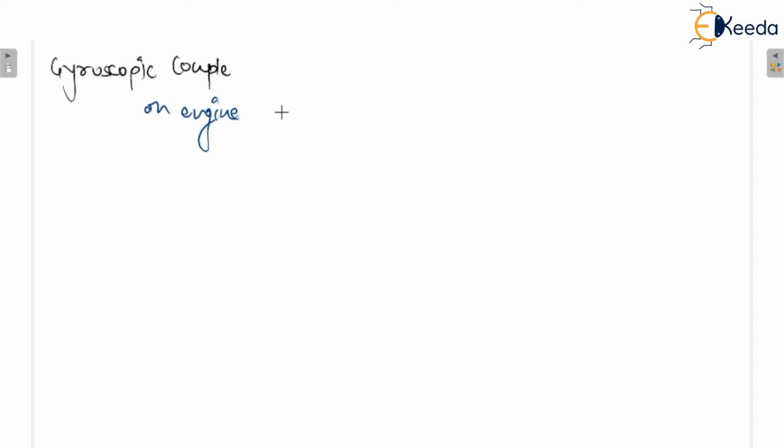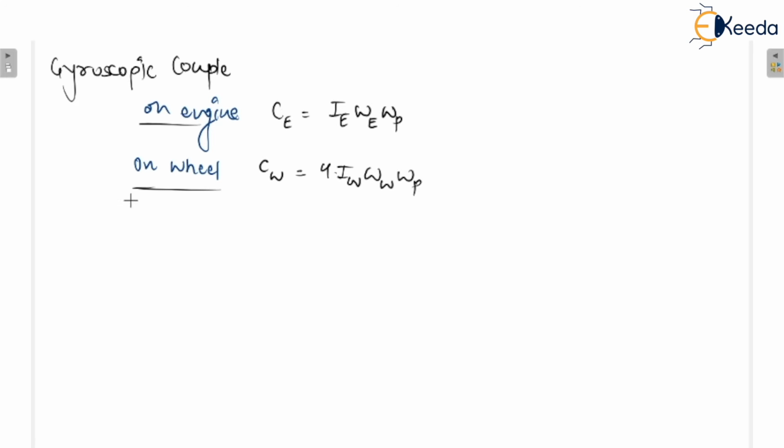Since we are discussing the engine, CE is equal to IE omega E omega P. And gyroscopic couple on the wheel, CW, since there are four wheels, one gyroscopic couple on each wheel, is 4 IW omega W omega P. You can see in both formulas that omega P is the same.